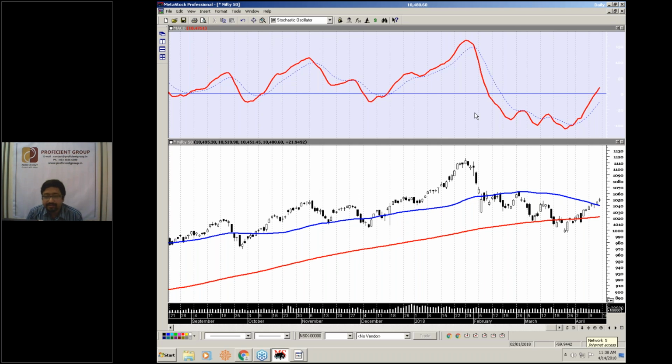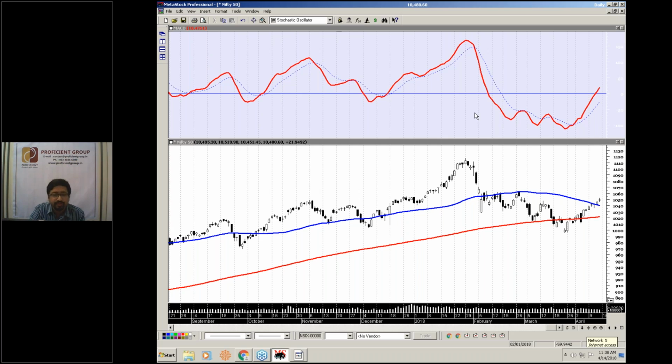MACD, the red solid line, is nothing but the difference of 2 moving averages. I am calculating the 9-day exponential moving average and the 26-day exponential moving average, and I am subtracting the 26-day value from the 9-day value to calculate the MACD.